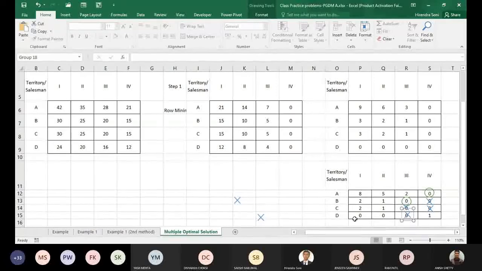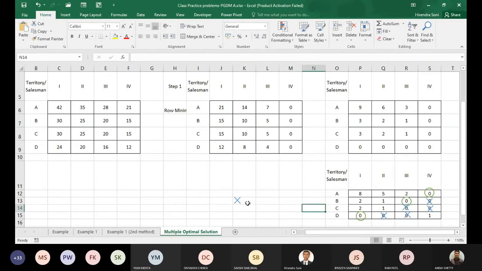We cannot do anything there. So we'll start allocating column wise now. First column, we have an allocation possible, so we'll put it here. And on this side, this will get cancelled. Correct? So earlier we had only 2 allocations. Now we have 3.